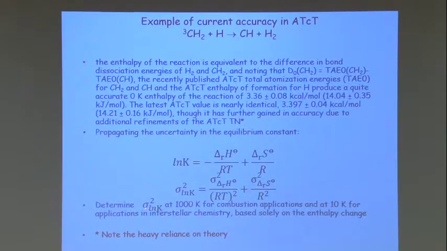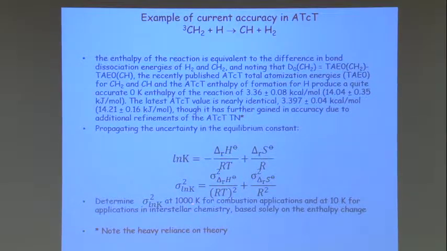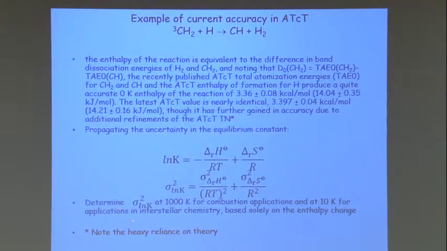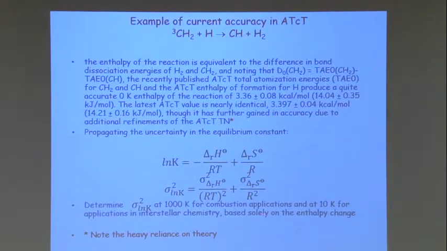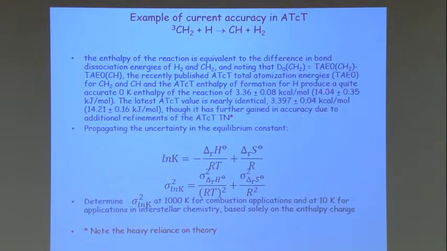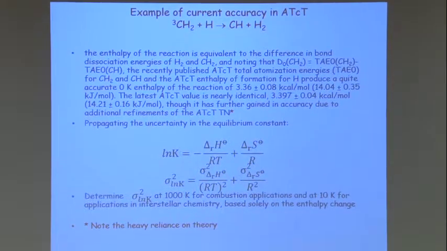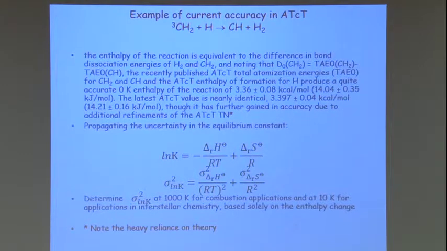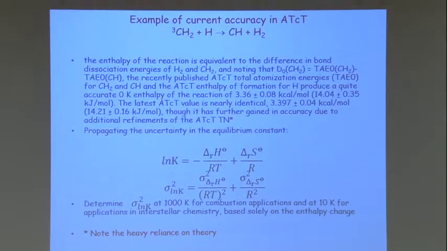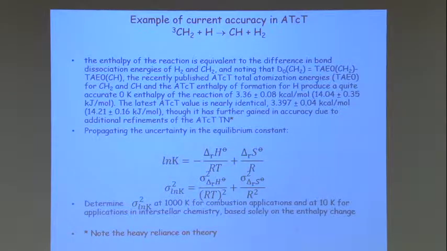And determining the uncertainty at 1,000 K for combustion applications and at 10 K for applications in interstellar chemistry based solely on the enthalpy change, you need to do this sort of calculation here. And at 10 K for interstellar media, even an uncertainty of this sort introduces a significant uncertainty in the overall rate constant that you're calculating for that reverse reaction. And at the bottom, note the heavy reliance on theory for these determinations in ATCT.